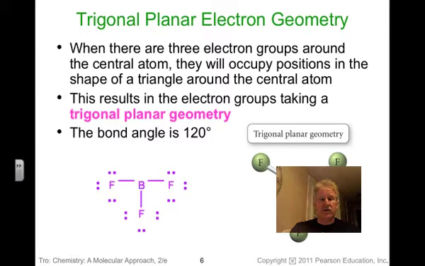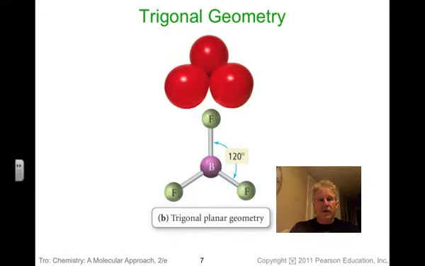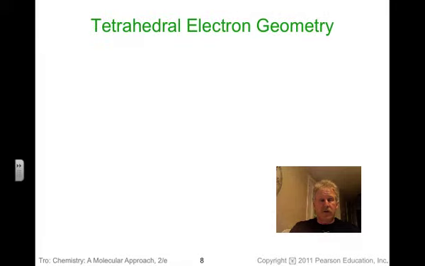So here's trigonal planar, right? The bond angle is 120 degrees. Again, try to move any of those fluorines off the BF3, and it's going to end up being closer than 120 degrees. All right, so that's another depiction of trigonal planar.